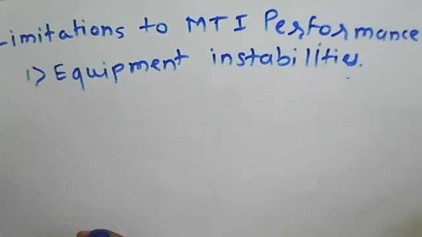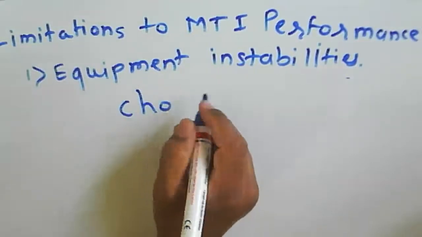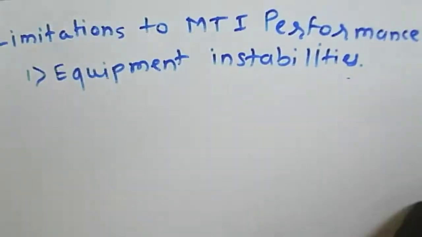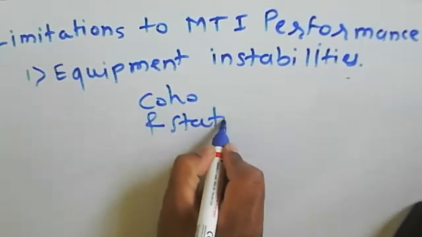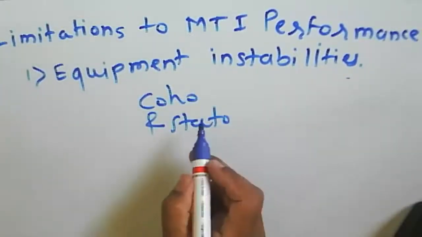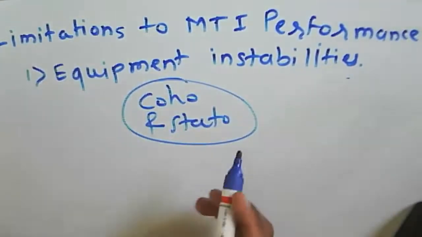Those are not stable. Generally in an MTI radar we have considered a coho and a stalo oscillator. Now that oscillator has changes in its phase or amplitude.